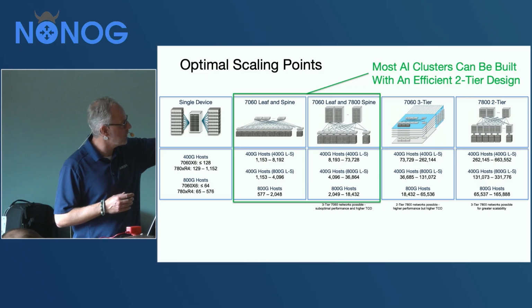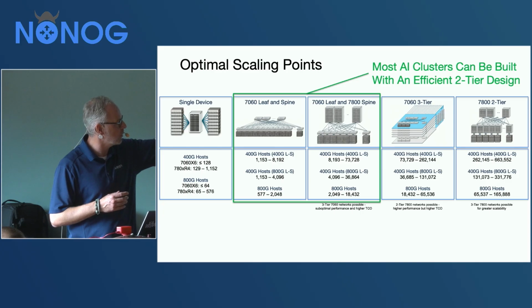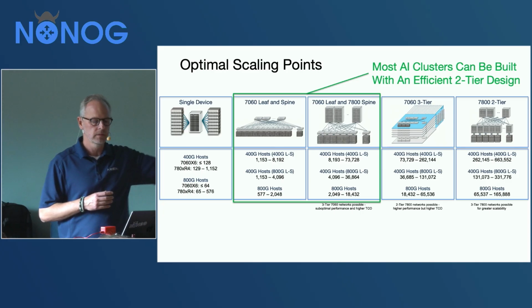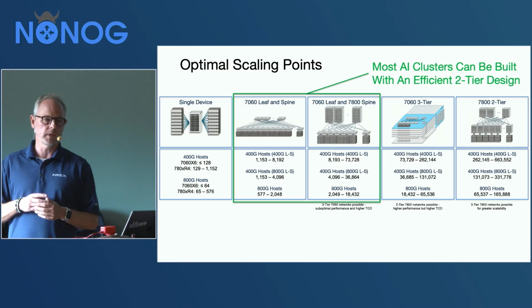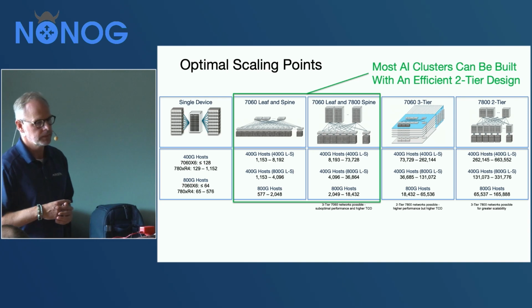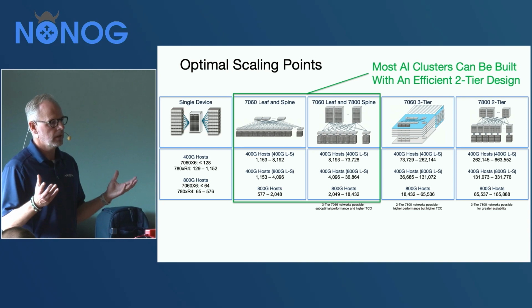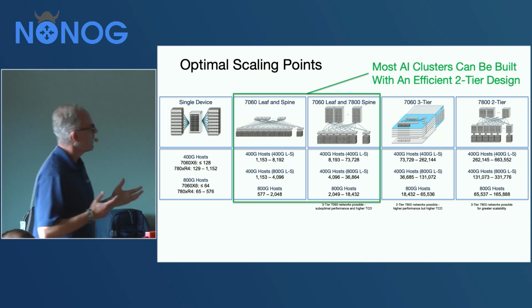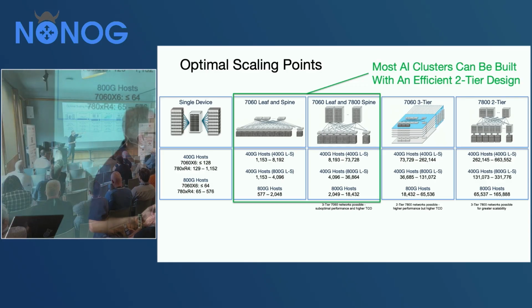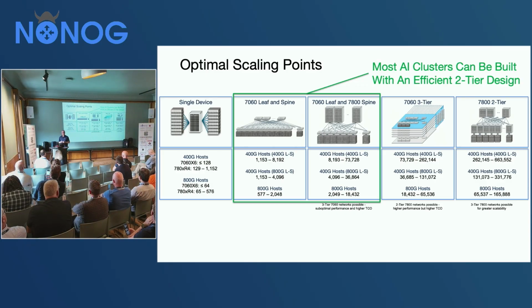If you're building a 2-tier fabric with chassis only, you can go over 500,000 GPUs in the same cluster. Why not always do that? That's very costly, so there's a bit of a TCO part included here also.